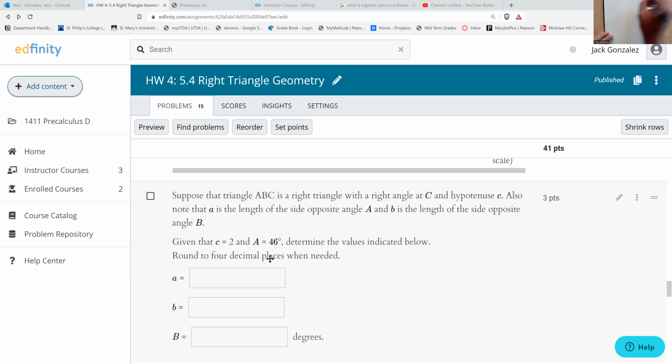With a right angle at capital C and hypotenuse lowercase c.